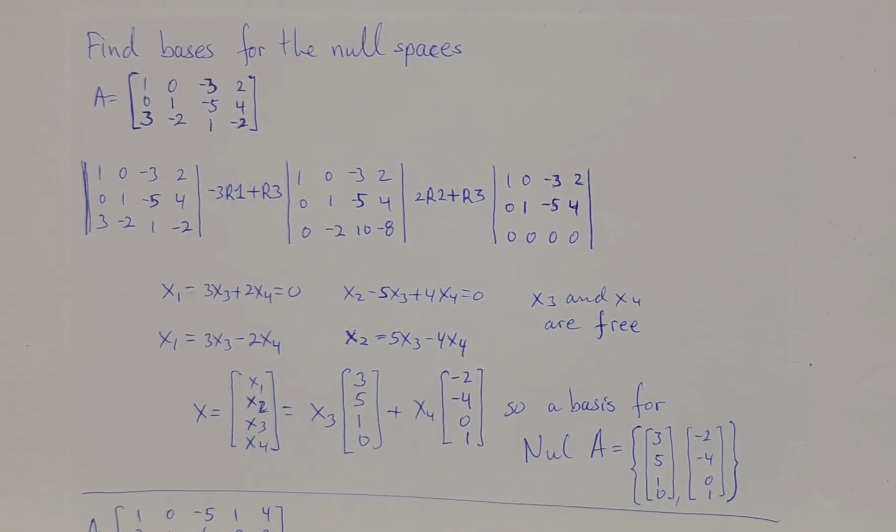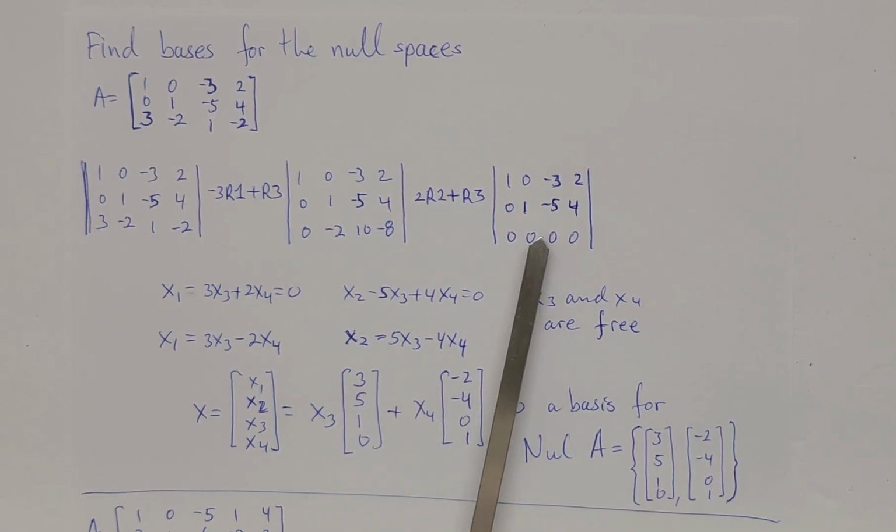Okay, next we have 1 right here. This is my x2. Okay, so x2 minus 5x3 plus 4x4. That's what I have here. Now solve for the second term, so bring the -5 over, bring the 4 over, so the negative becomes +5, +4 becomes -4.